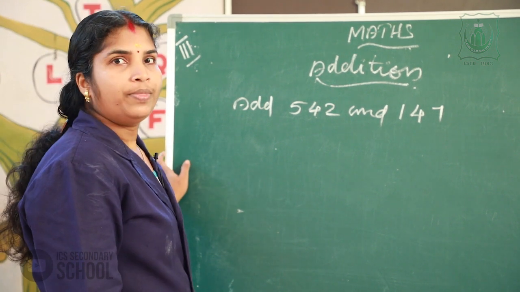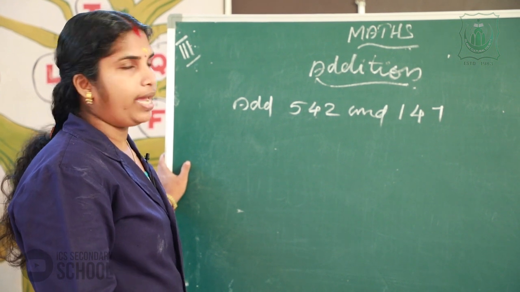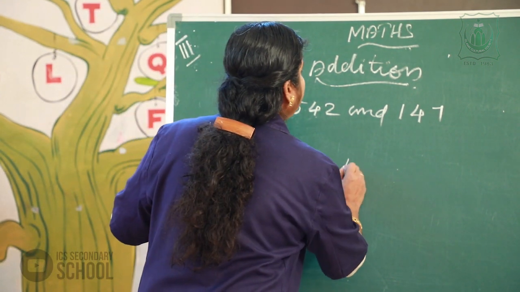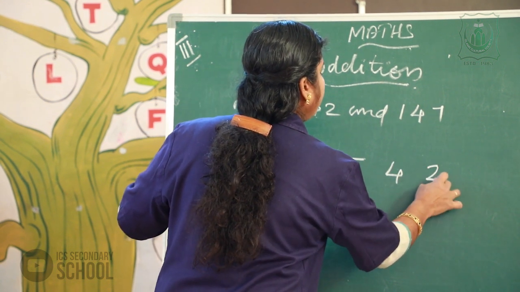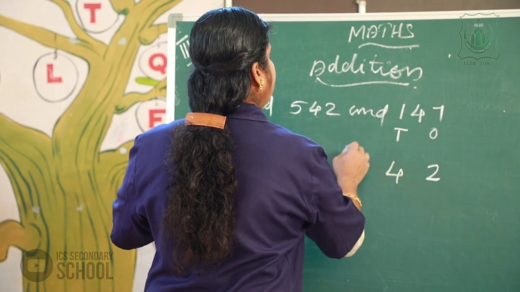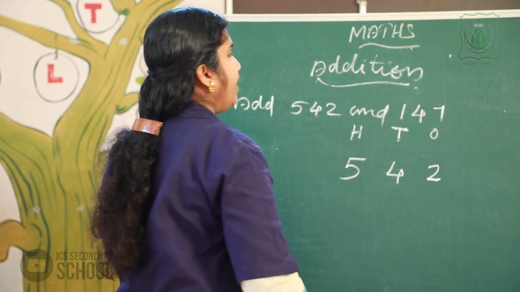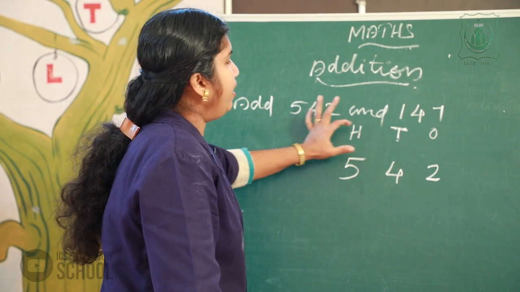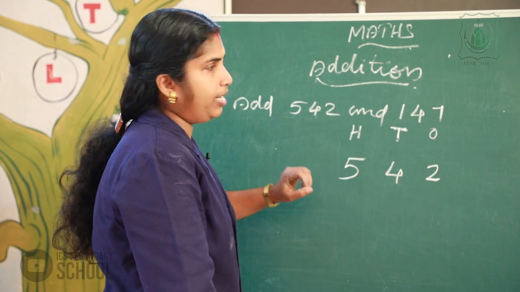Here also we arrange the numbers in columns: 5, 4, 2, with ones place, tens place, hundreds place. These are 3-digit numbers, so we write the ones place, tens place and hundreds place.